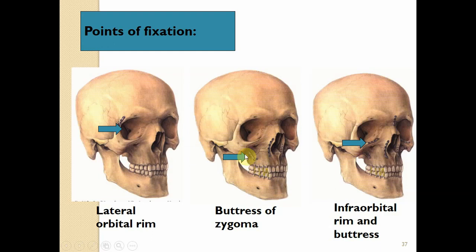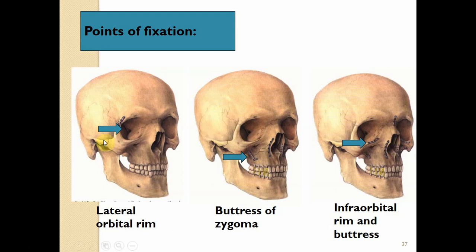Also, we can reduce the fracture seen on the orbital region. In this area we use the infraorbital rim plate. We use the same 4 hole with gap. If there is a fracture inside the orbit, we reconstruct with titanium mesh or graft.